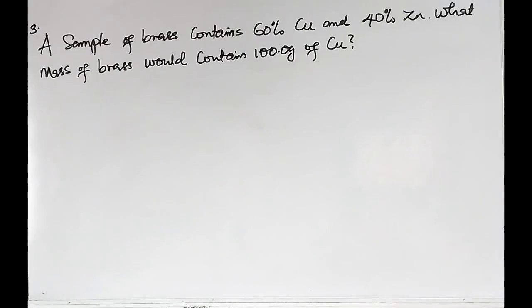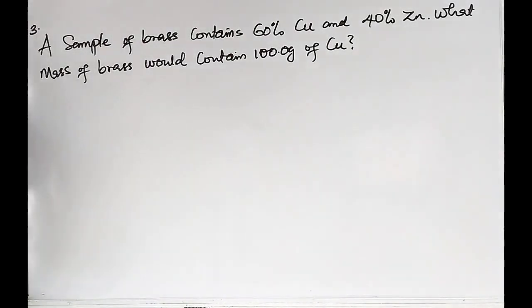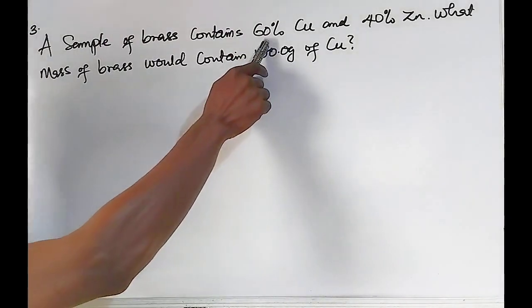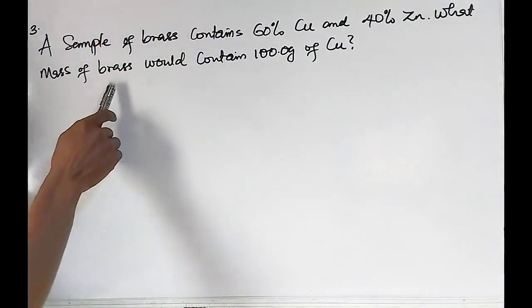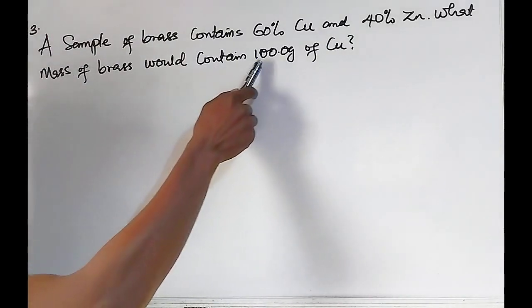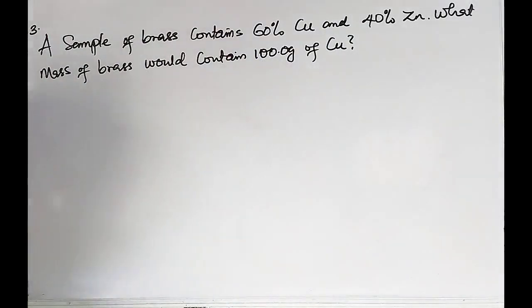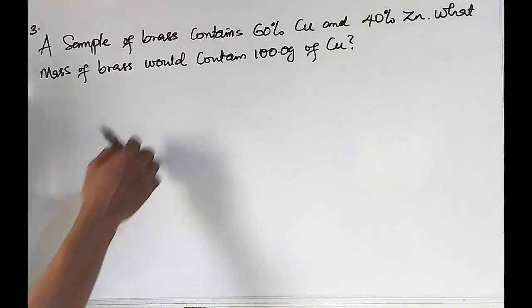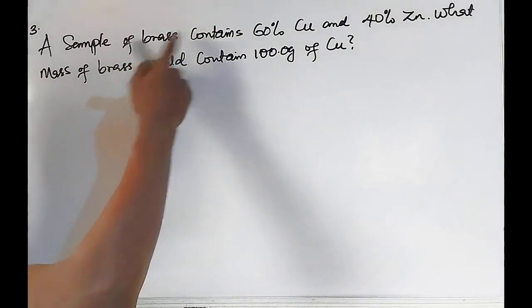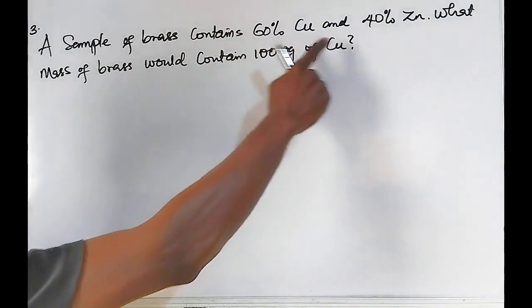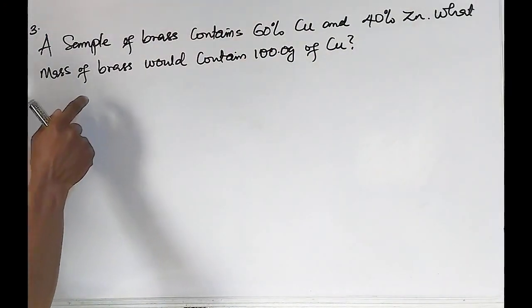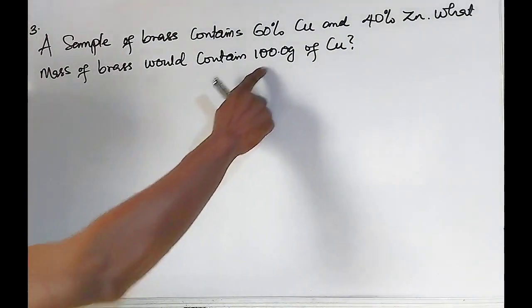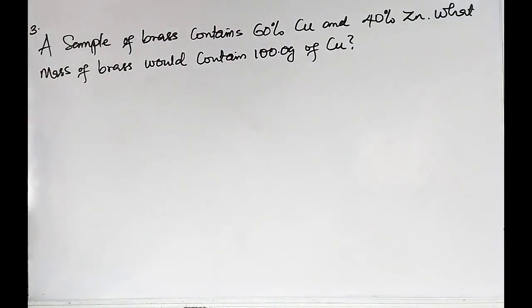Alright, now for number 3 here, it says a sample of brass contains 60% copper and 40% zinc. What mass of brass would contain 100 grams of copper? To this end, the normal brass has 60% of copper and 40% of zinc. Now the question is, what mass of brass will contain 100 gram of copper?